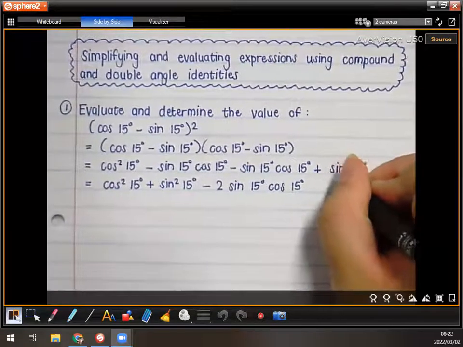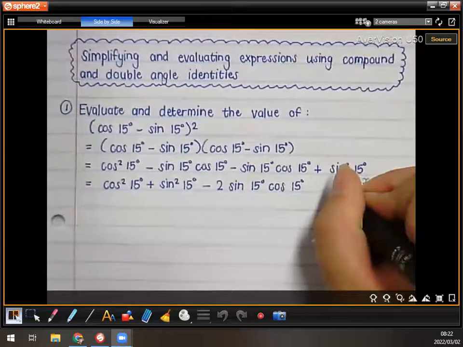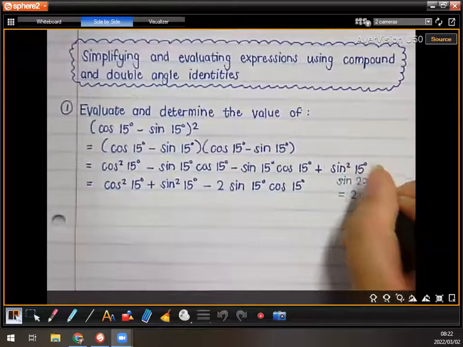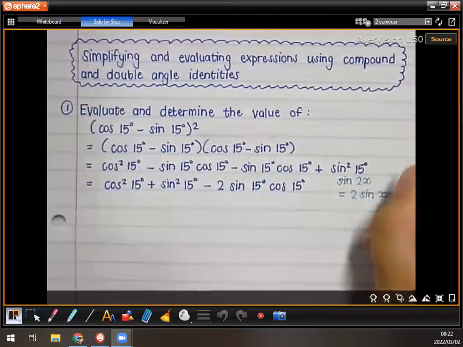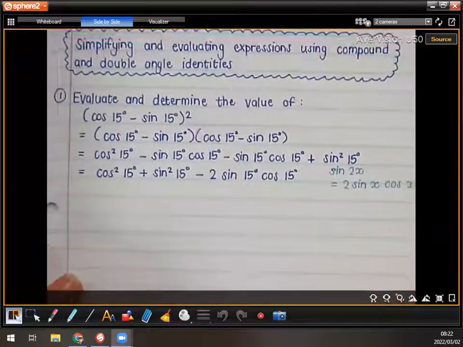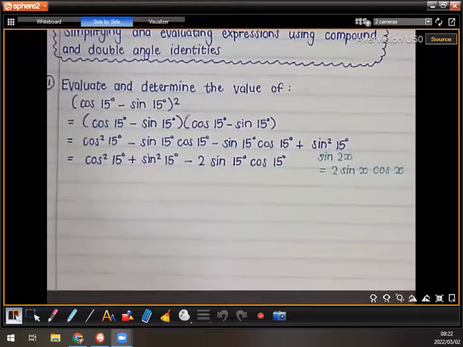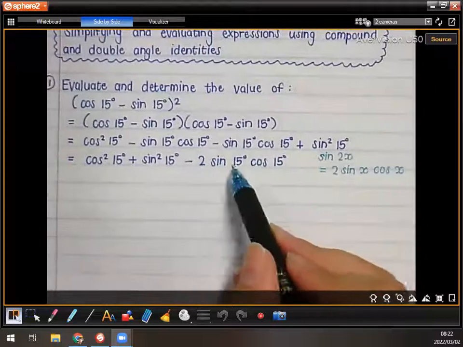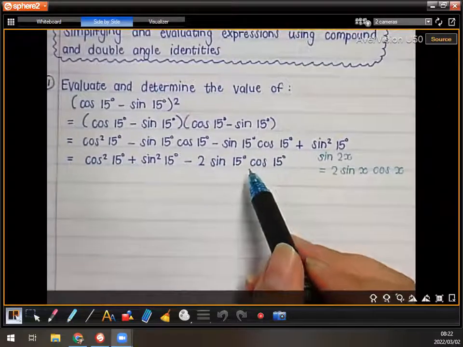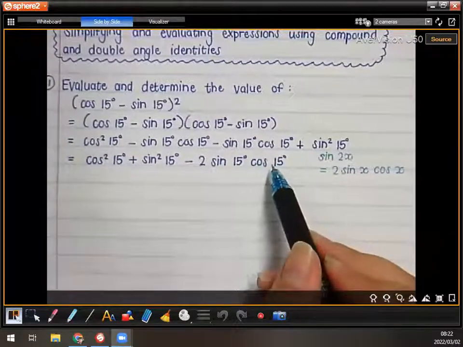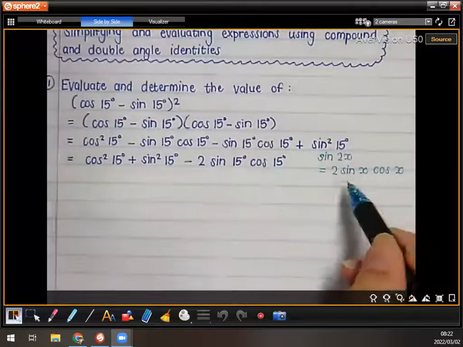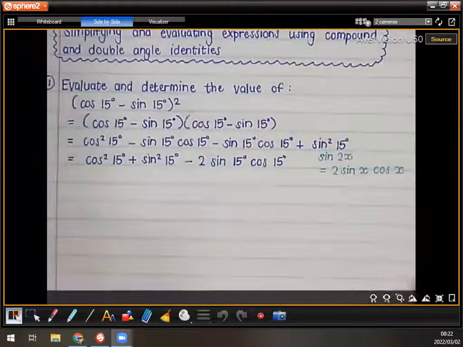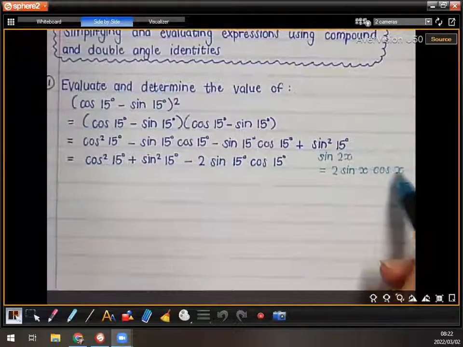Sine of 2x is equal to 2 sine x cos x. You guys see that I have a 2 sine x cos x situation here. 2 sine 15 cos 15. So I now actually have the expansion of this double angle identity.